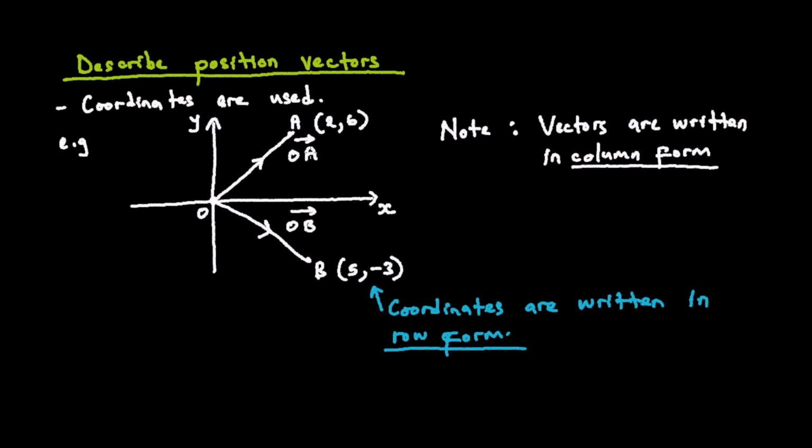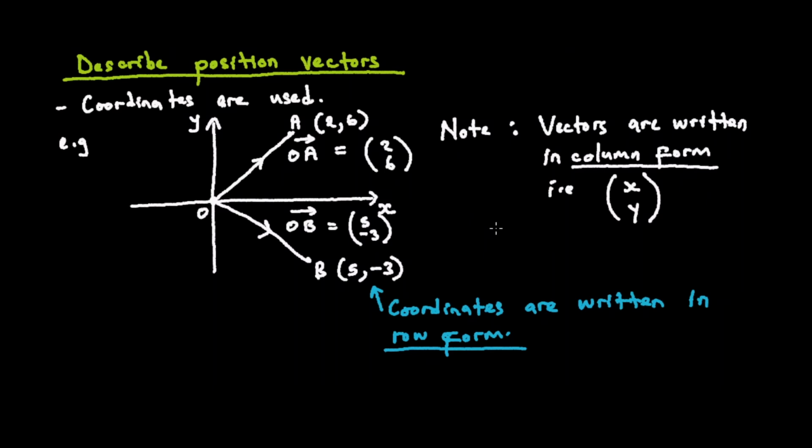So when we want to write OA, we say OA is equal to 2, 6, written in column form, with x on top and y below, like that. So vector OA is (2, 6), and vector OB is (5, minus 3). That is how we name, that is how we describe position vectors.